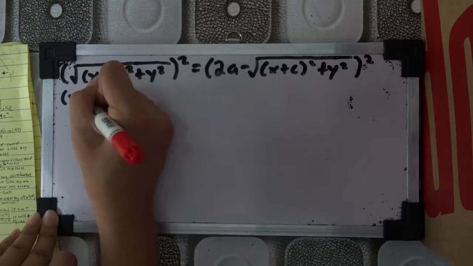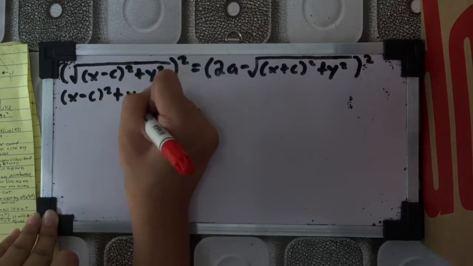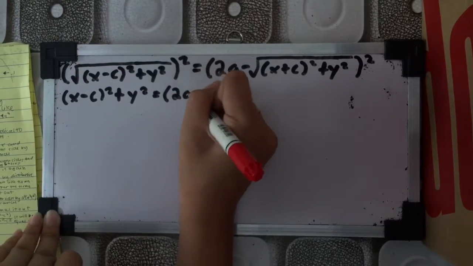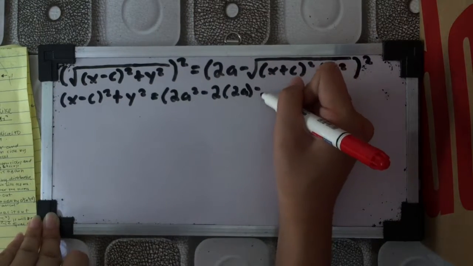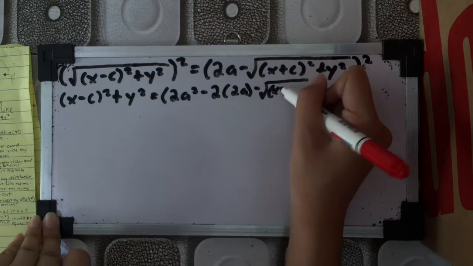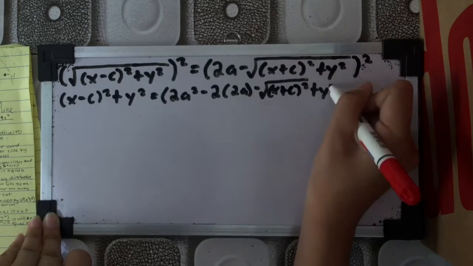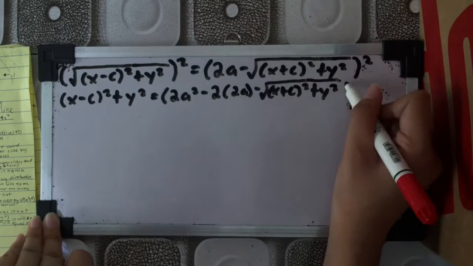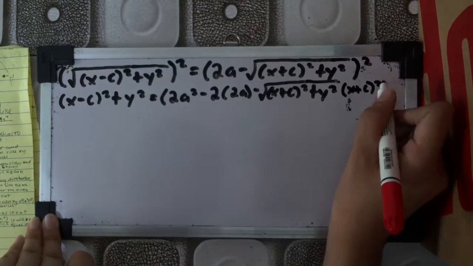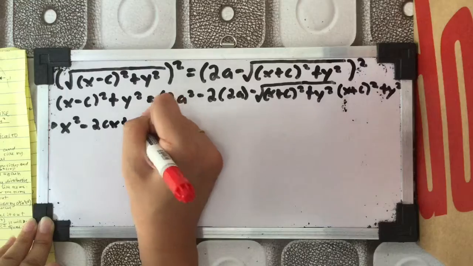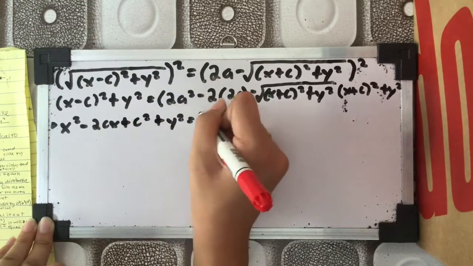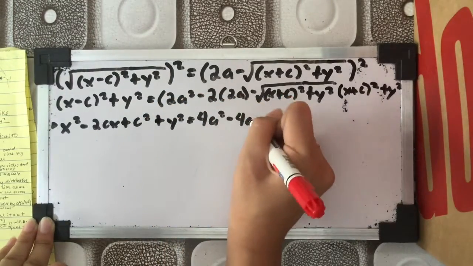After squaring, we get the quantity (x minus c) squared plus y squared equals 2a squared minus 2 times 2a times the square root of (x plus c) squared plus y squared, plus the quantity of (x plus c) squared plus y squared. And by simplifying, cancel the like terms and copy the rest.